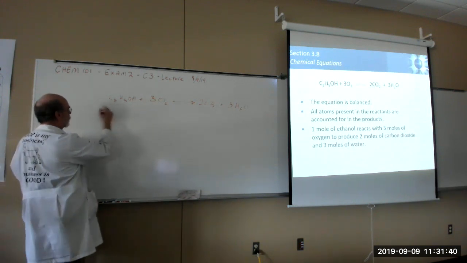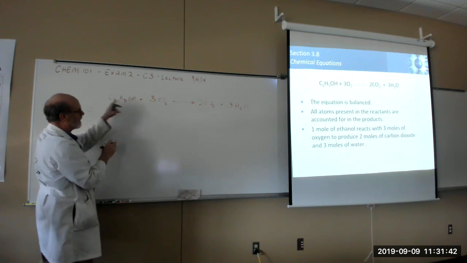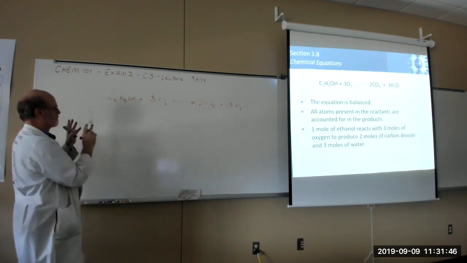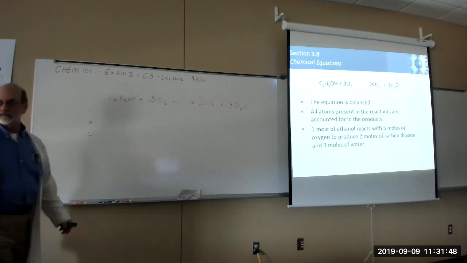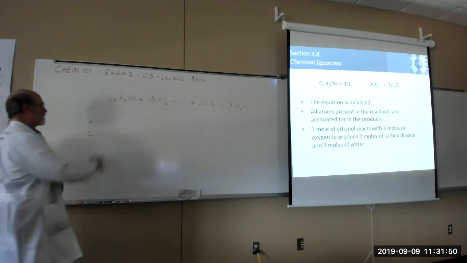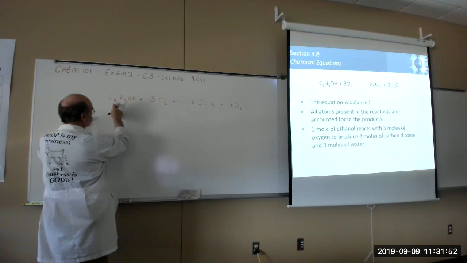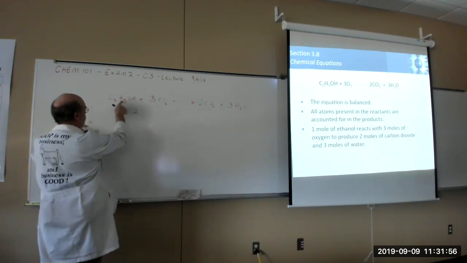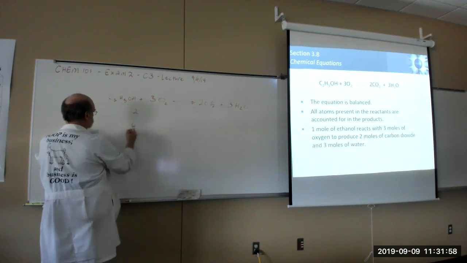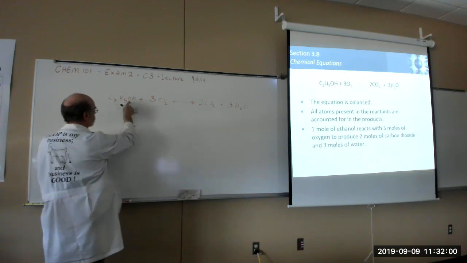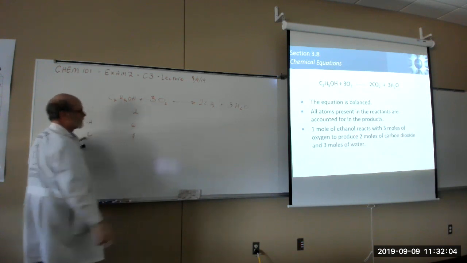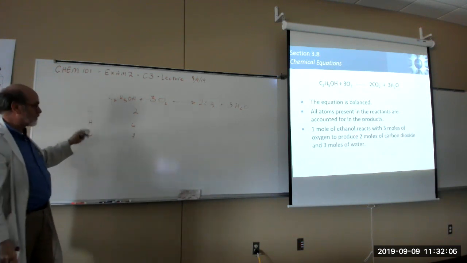We have carbon, hydrogen, and oxygen, and that's it. So how many do you have on this side? We have 2 carbons, 6 hydrogens, and 1 plus 6 is 7 oxygens. That's what you're starting with.